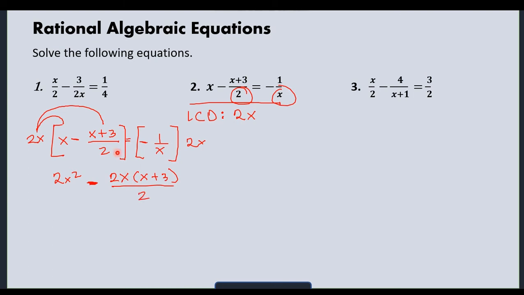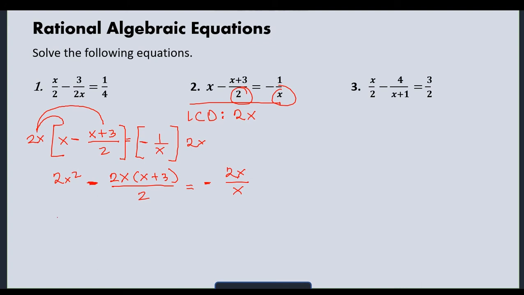Make sure you copy this one, x plus 3 over 2, and the 2x came from our LCD, equals, and then multiplying again 2x times 1. Don't forget the negative, so write negative 2x over x.